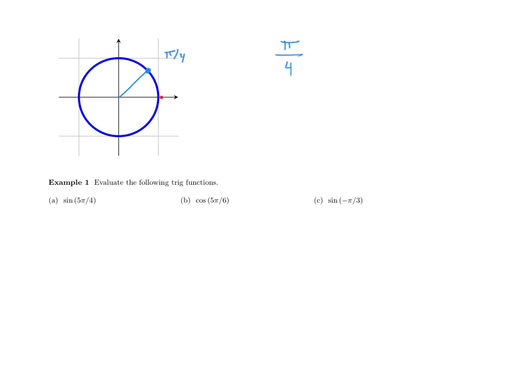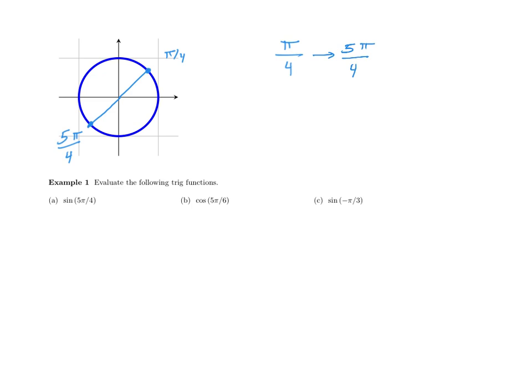So here's 0. This is 1 pi over 4, 2 pi over 4, 3 pi over 4, 4 pi over 4, and then finally here, 5 pi over 4. So this is the location of 5 pi over 4.